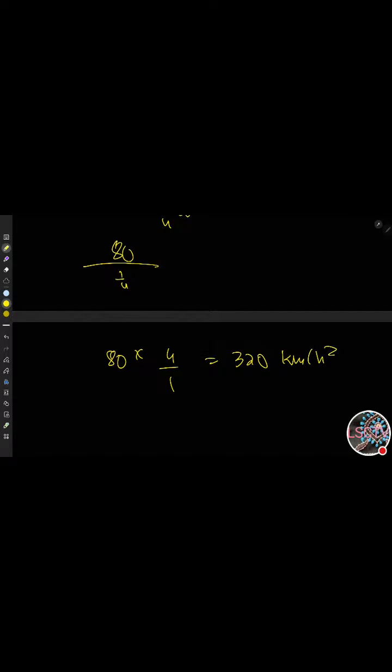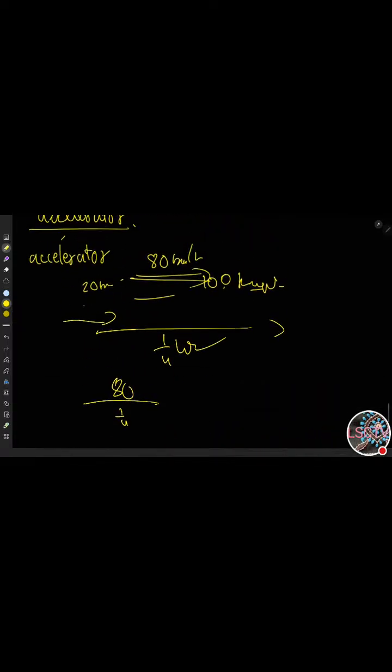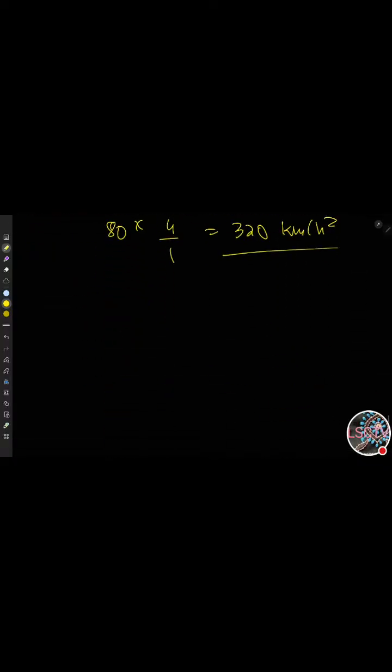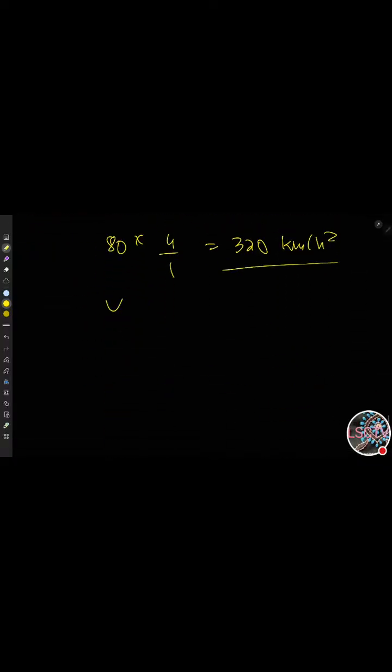That is your acceleration. So what is acceleration? Final velocity minus initial velocity divided by the time taken. Okay, got it everyone? Simple, easy, good.